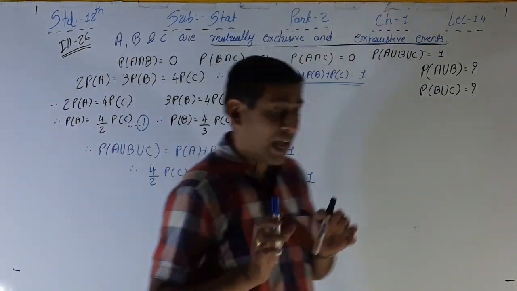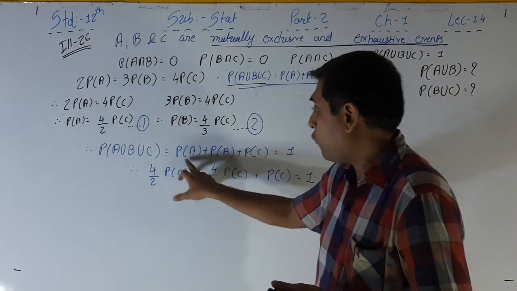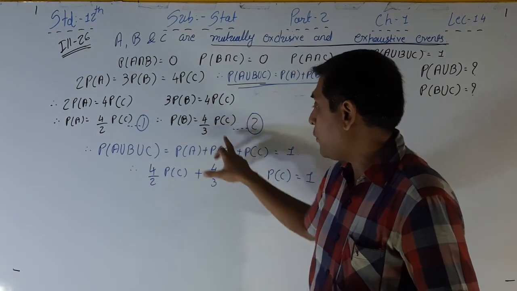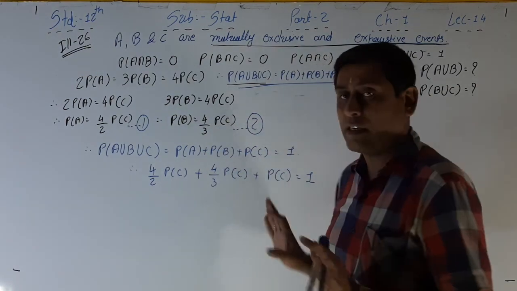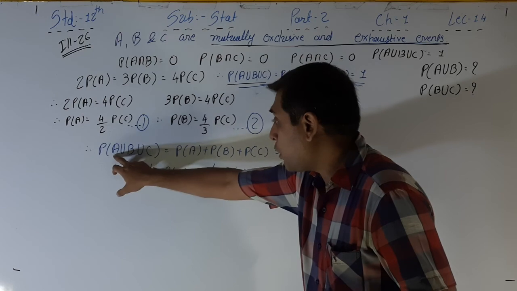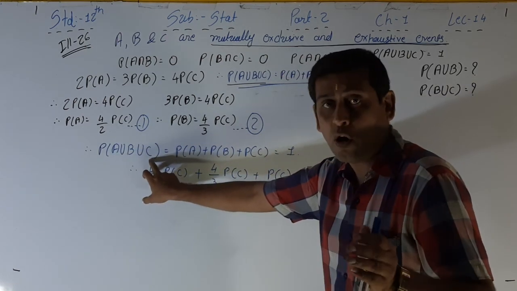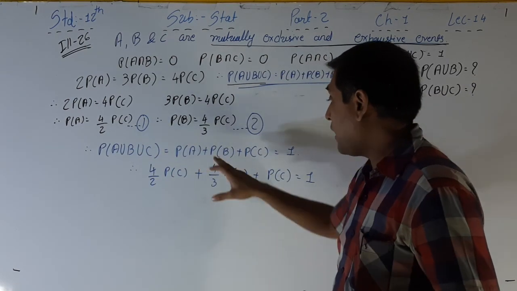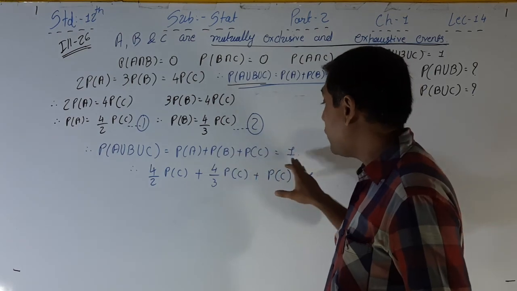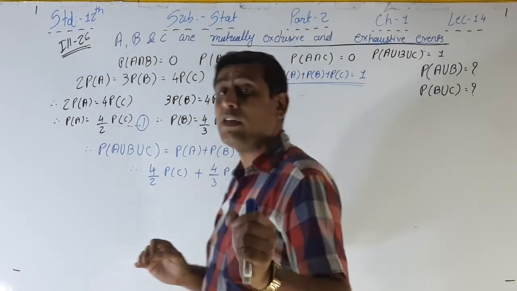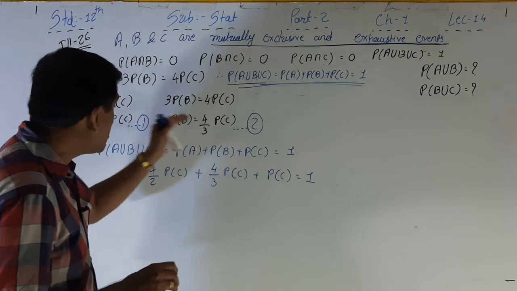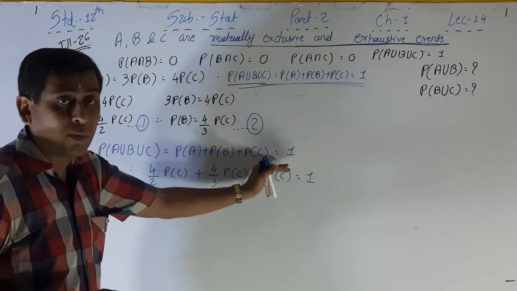See, I'm now just putting the value. P of A is equal to here, P of B is equal to here, and P of C as it is, no change. Okay, so P of A union B union C, we want the value of A, B and C, and that's why I am putting this value into this formula.